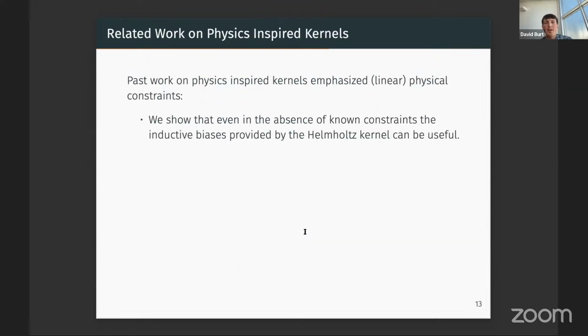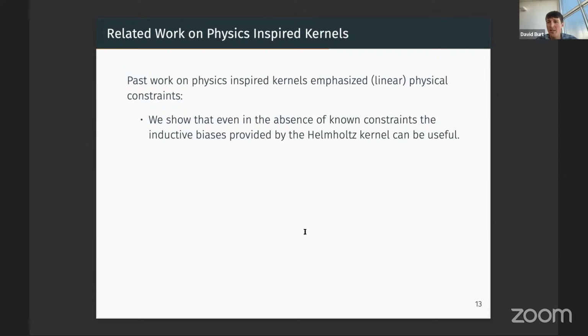Okay, so we're definitely not the first to take inspiration from physics for doing kernel ridge regression or Gaussian process inference or other related problems. Most of the past work emphasizes the use of physics-inspired kernels to place physical constraints on the problem.